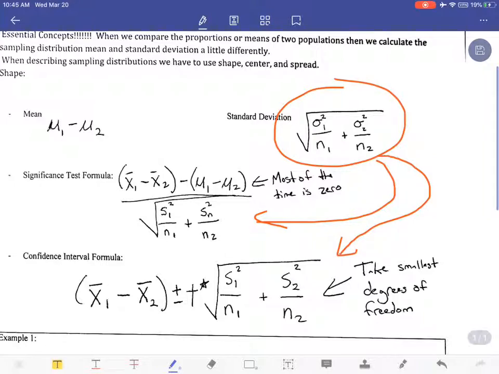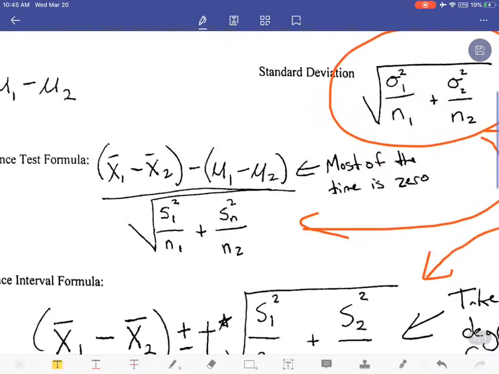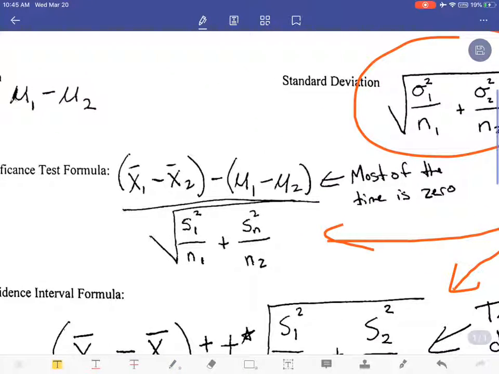So we first look at this significance test formula. We're going to take the difference between our two different samples from 1 and 2, and then we're going to subtract that by what we expect the difference to be between the two populations. So essentially, most of the time this is going to be 0 because we're going to assume that there's not a difference.